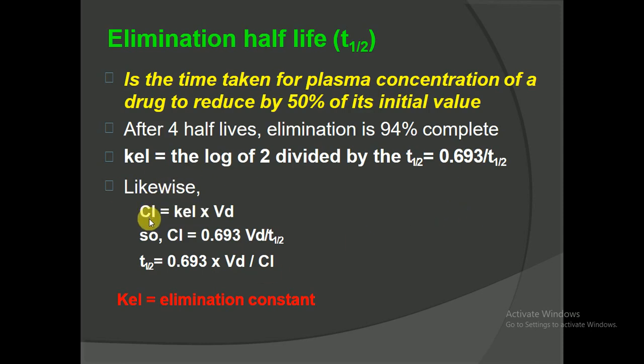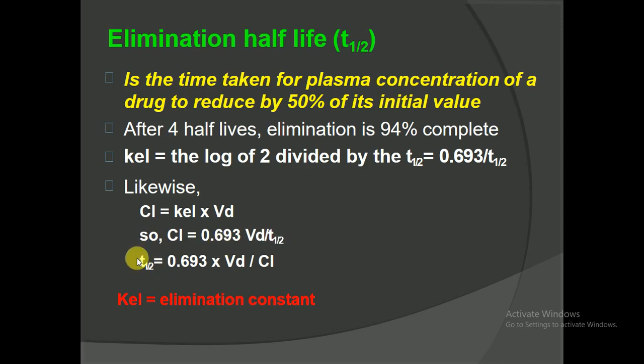Likewise, look here, this is drug clearance, this is the elimination constant, and this is the volume of distribution. So the drug clearance will be equal to 0.693 multiplied by volume of distribution divided by T1/2.